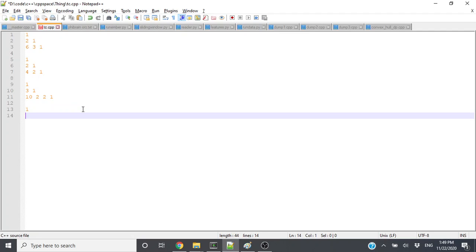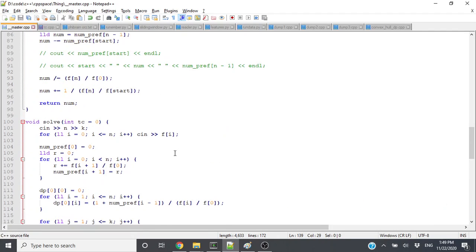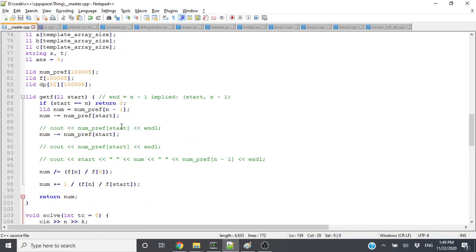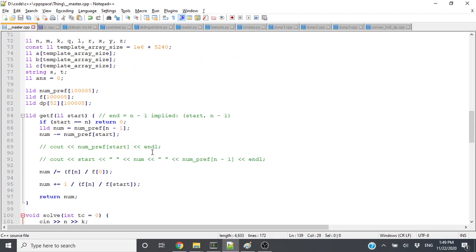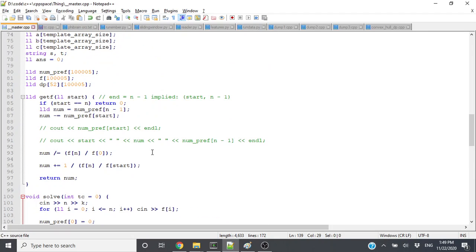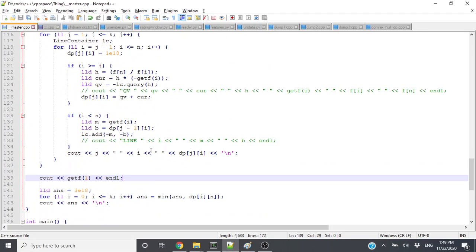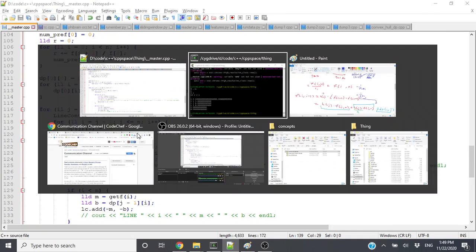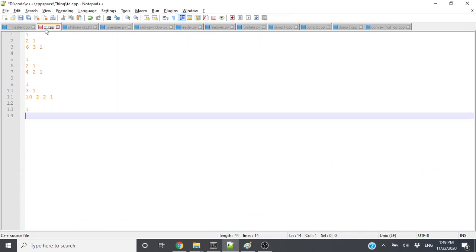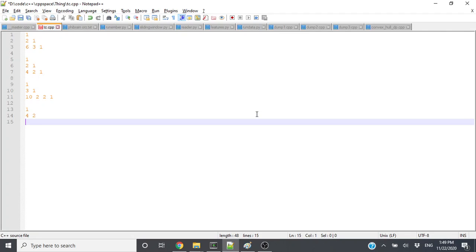Something like 1. Also, things reset, right? Number prefix is just set. F is an input, and DP is... like, yeah, okay. 1, so 4, 2. And it'd be something like 16, 8, 4, 2, 1.